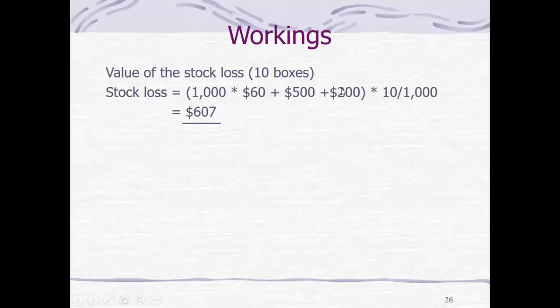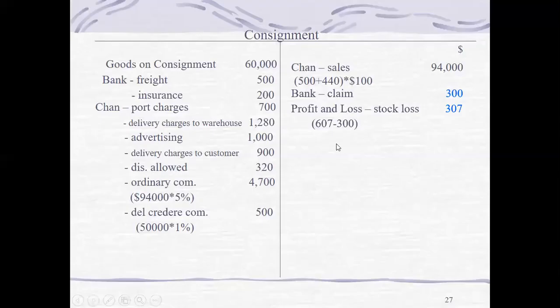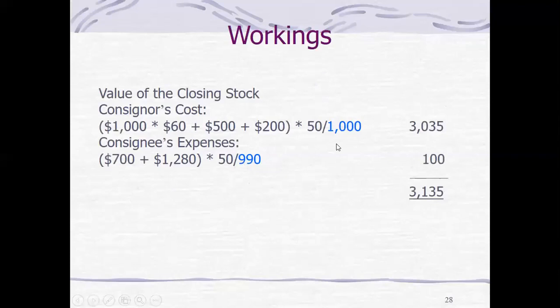Then we total that, 60,700 times 10 over 1,000. So the value of the stock loss or the lost units, 10 boxes, equals $607. And that's why on this slide, we can see that we have the bank claim 300, and then the stock loss is equal to 307. This bank claim is also assumed.